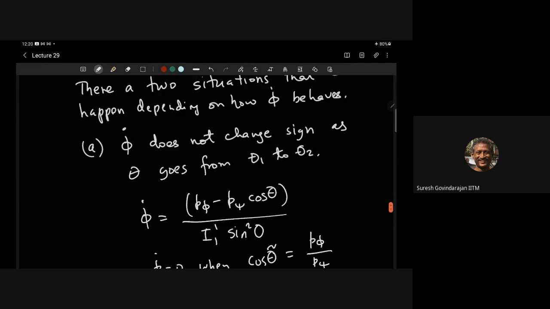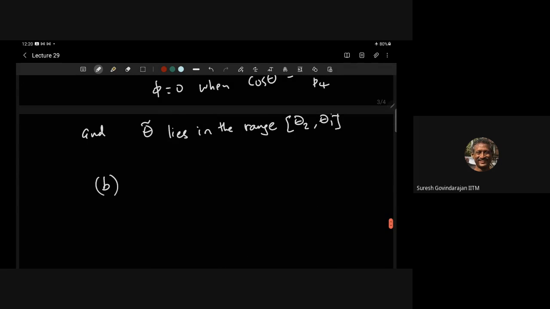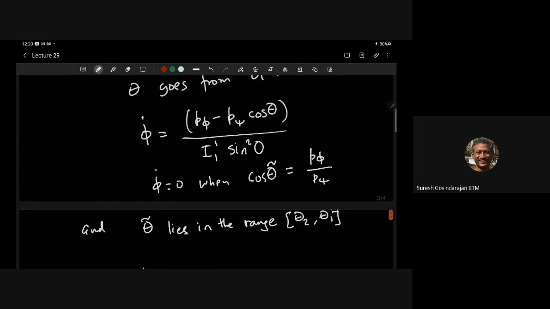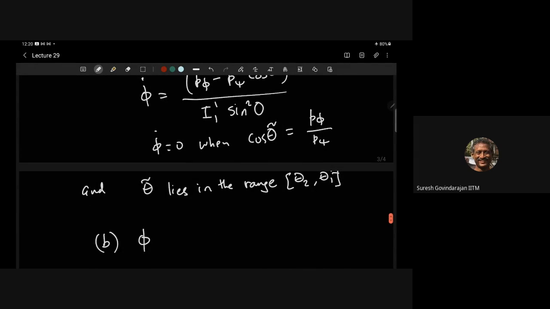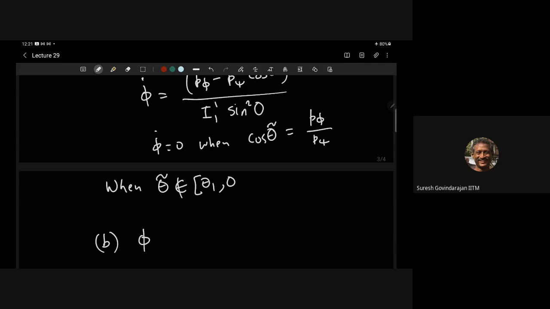Then part B is the other case, when phi dot does not change sign. Oh, sorry. What did I say here? When theta tilde does not belong to the range theta 1 to theta 2, phi dot does not change sign.